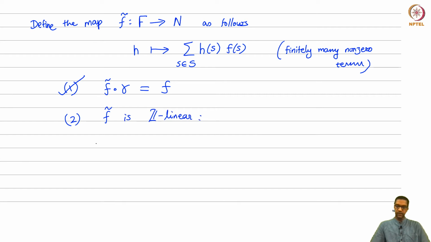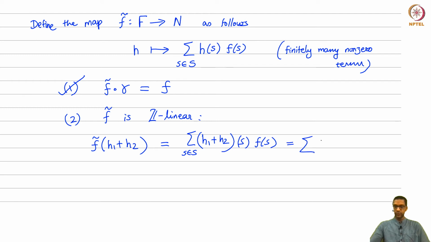So what does that mean? We need to show that if you take f tilde of a sum of two elements, h1 plus h2, we can see what the answer becomes. It's the sum of (h1 plus h2)(s) times f(s), but h1 plus h2 is just the pointwise sum, h1(s) plus h2(s), multiplied by f(s).